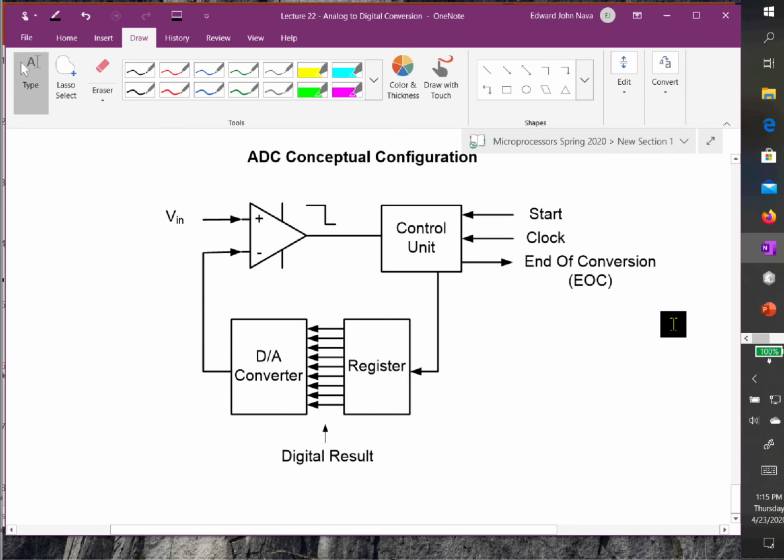So what I have here is my unknown input signal. And this is a reference signal.